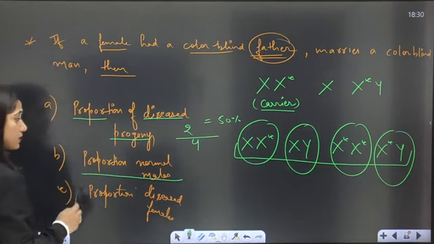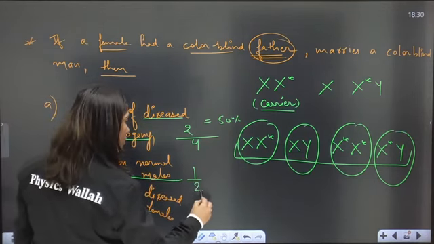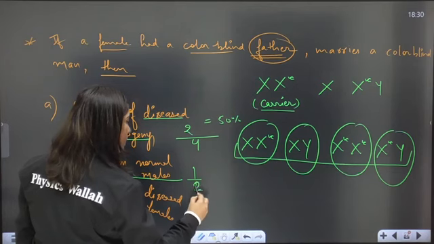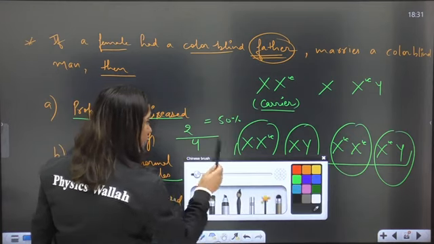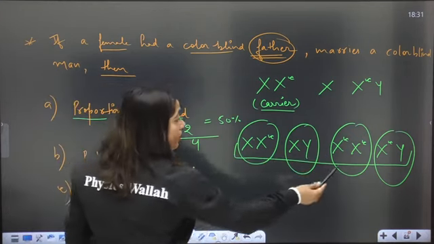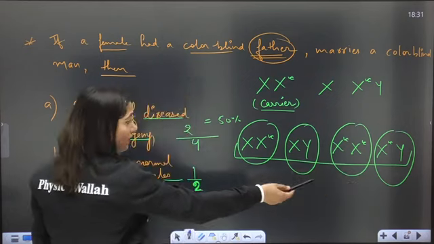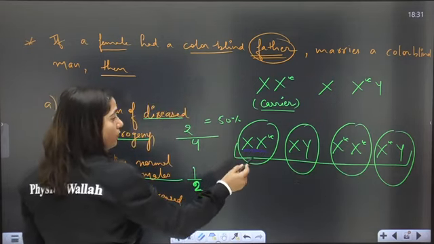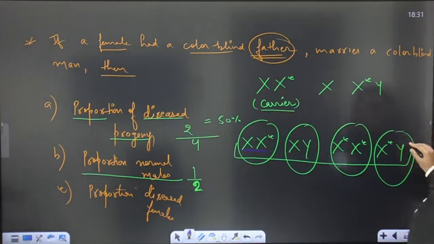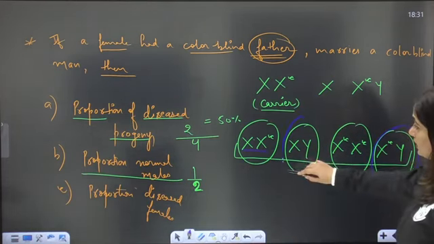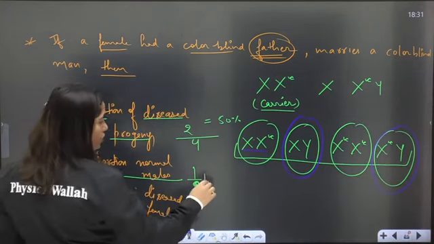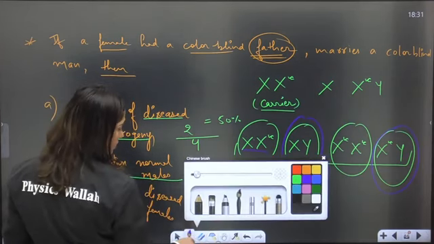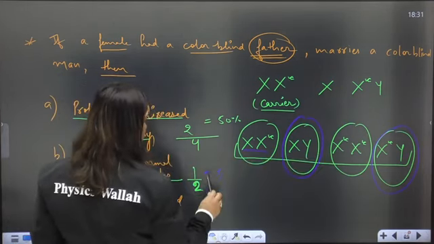Proportion of normal males: the probability of the child being a male is 50%, and out of the males, one can be a colorblind male and the other a normal male, so 1 by 2, that is 50%.